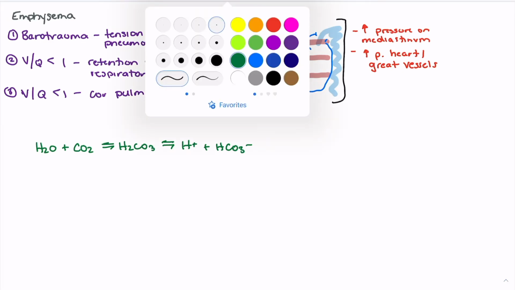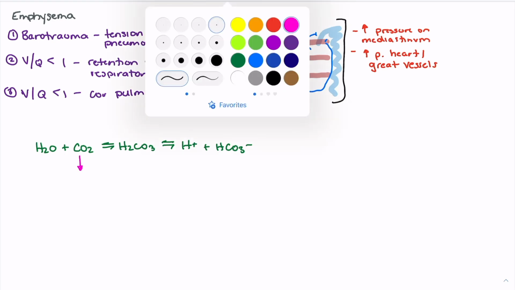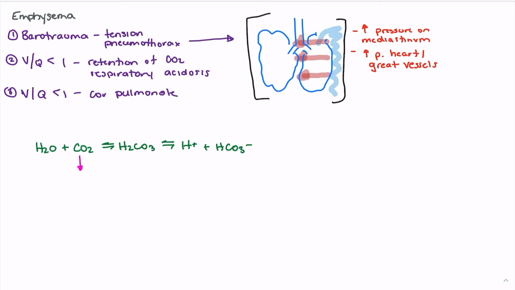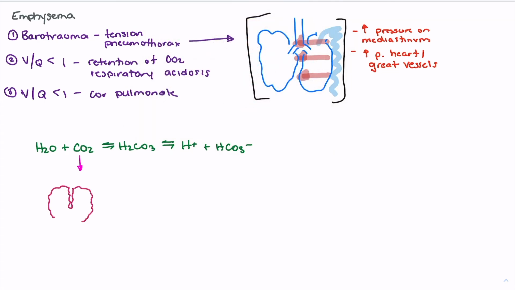So one of the things that can happen with an increase in carbon dioxide is we can start to see an increased edema in the brain. An increase in carbon dioxide can actually impact vasodilation in the brain and can lead to some degree of cerebral edema. So one of the consequences of having this increase in CO2 that patients have with respiratory acidosis is that we can see some vasodilation in the vessels that are supplying the brain, and we can get some cerebral edema.